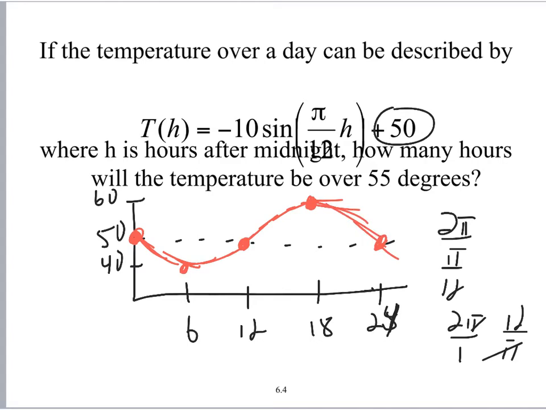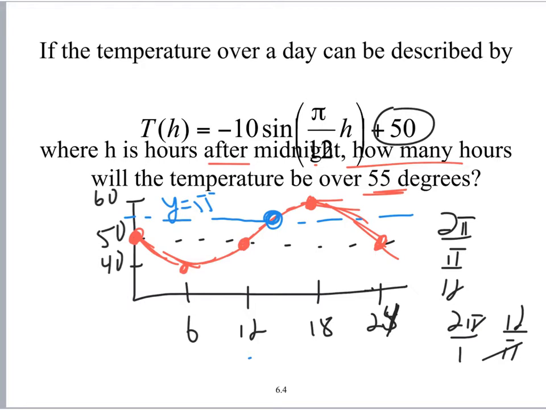And they're asking us, how many hours after midnight will it be 55 degrees? Here's that line, y equals 55. That's the point we're looking for. It's somewhere between noon and 6 p.m. That's where it starts climbing.